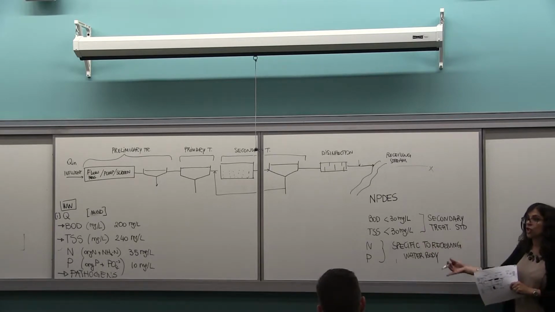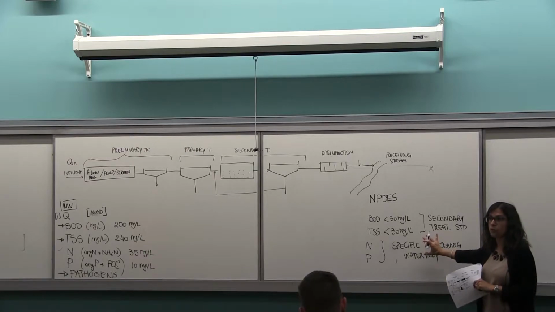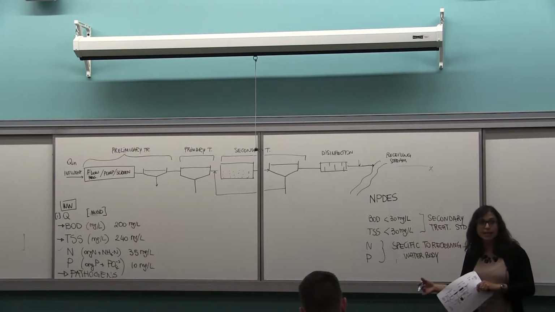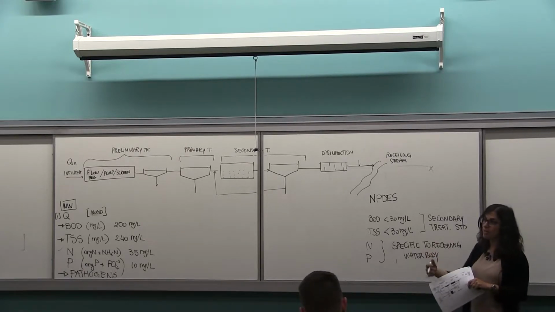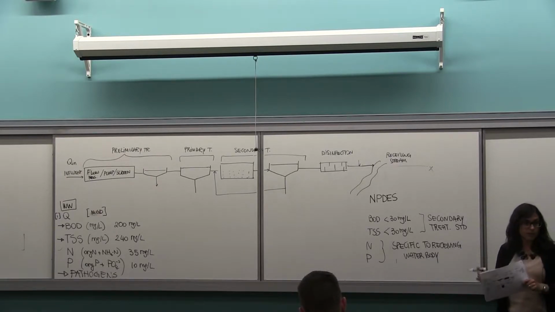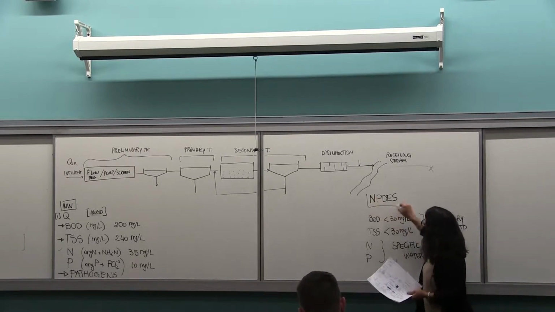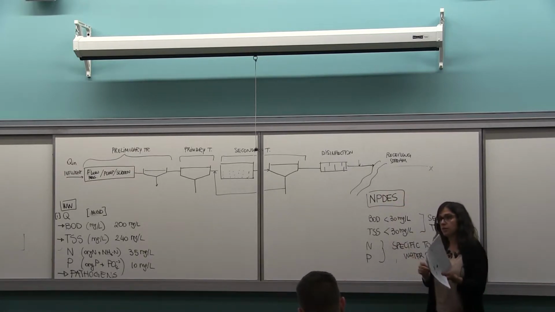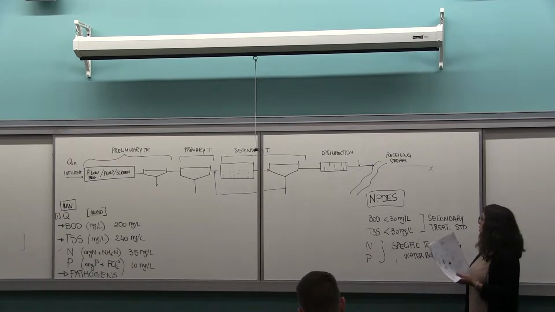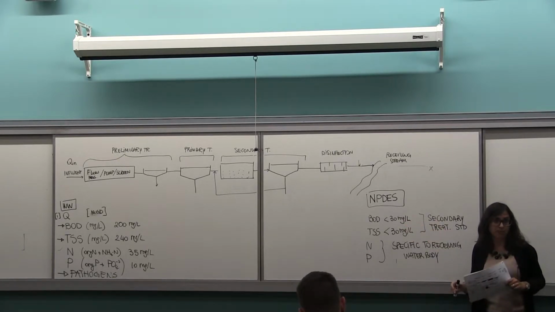If you discharge to a very sensitive area, you might be required to also reduce nitrogen. Could be less than 10, could be less than 3. Phosphorus could be less than 1, could be less than 10 microgram per liter. So it's very site-specific. And so that's why the permit is specific to that facility, but all of them will have to meet at least this minimum requirement.